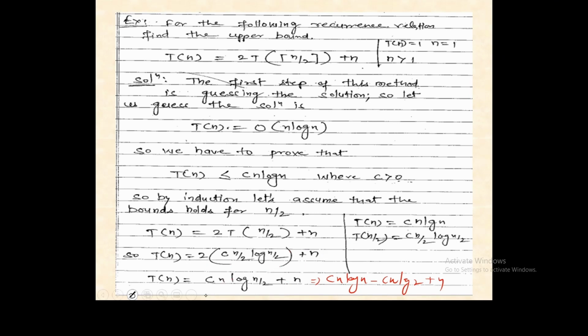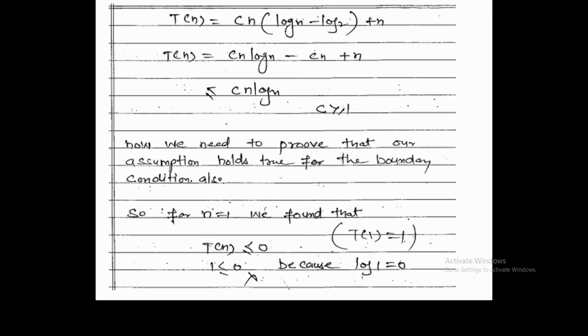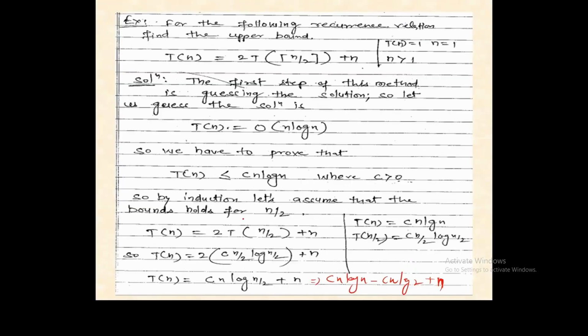Now just solve this. It will be T(n) equals c n log (n by 2) plus n. Log of n by 2 will be log n minus log 2. So it will be c n log n minus c n log 2 plus n. We can assume in most cases, whenever solving such equations, the base will be 2, so log 2 will be 1.